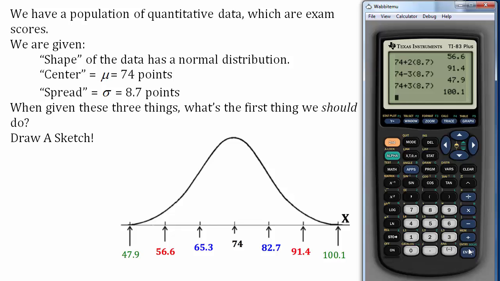There. Now what you have is a very nice summary of the entire population. And in this video, you'll see why I strongly encourage you always to start with this. Make the sketch, because it's going to help you in a number of different ways to master this material.